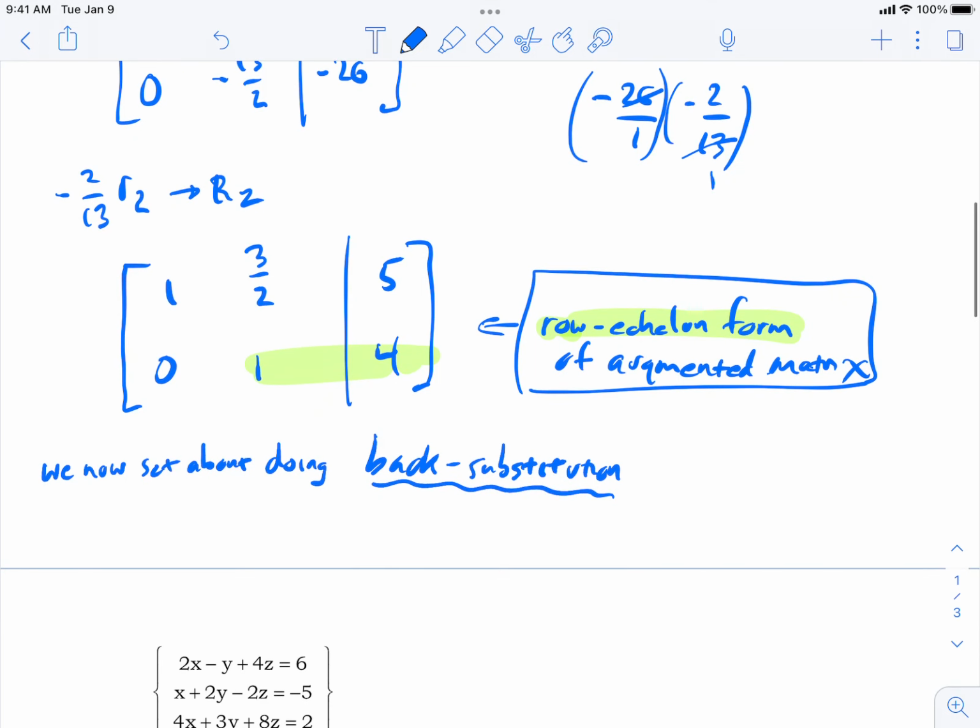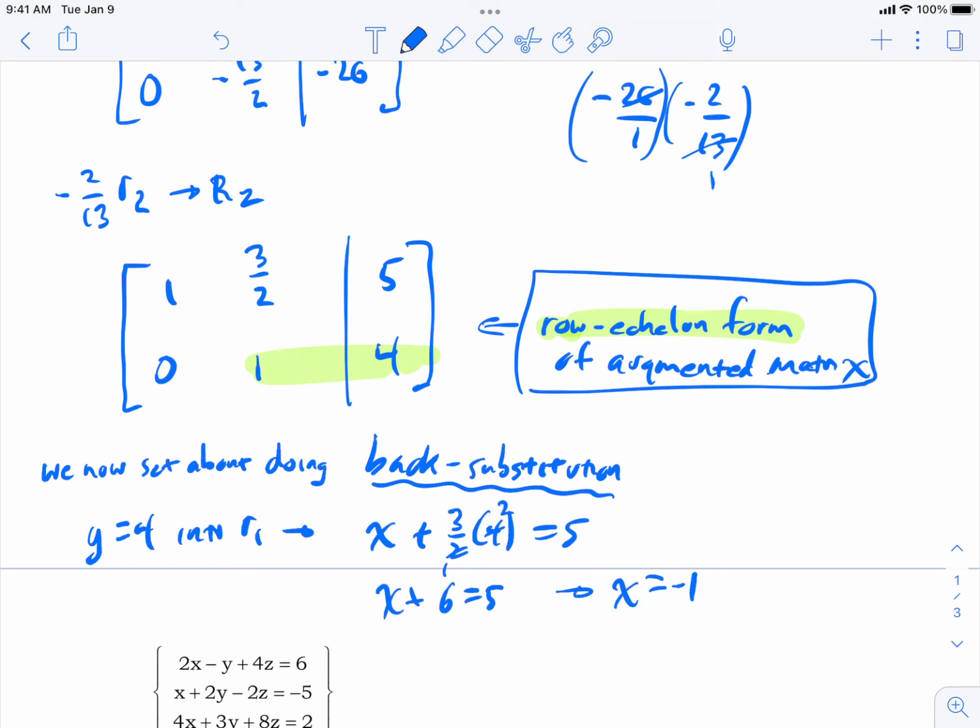So take y equals 4 into row 1, and you get, let's see, row 1 says x plus 3 halves y, but y is 4, is equal to 5. So notice we're going to be able to solve for x here. So this is x plus, that would be, let's see, 2 cancels into the 4 twice. We got a 6 equals 5, and so that means x is equal to -1.